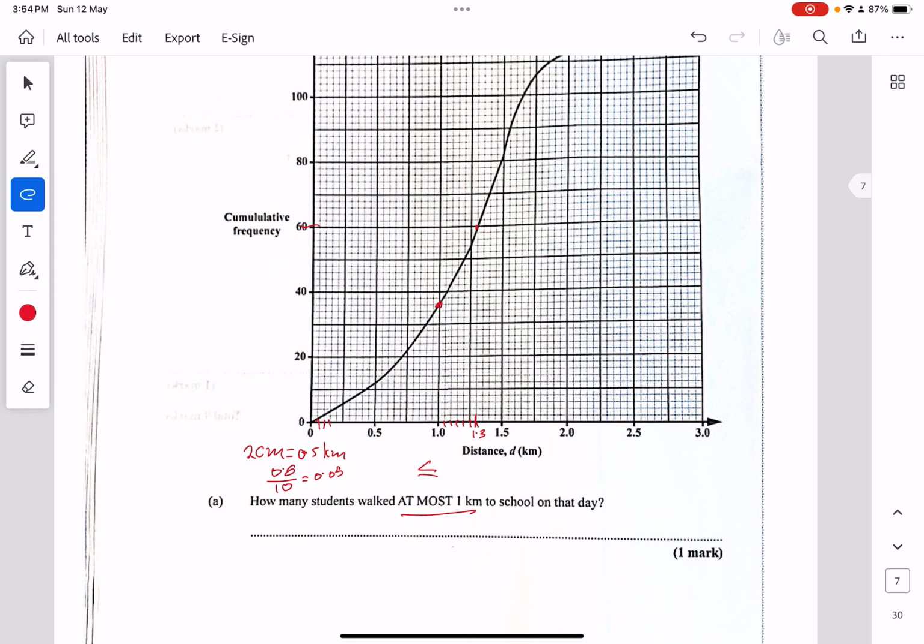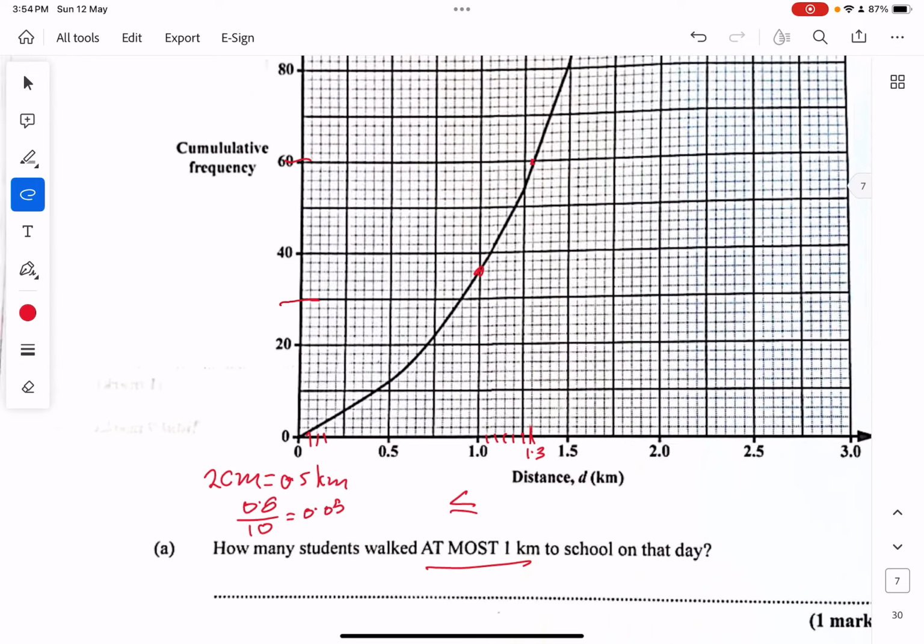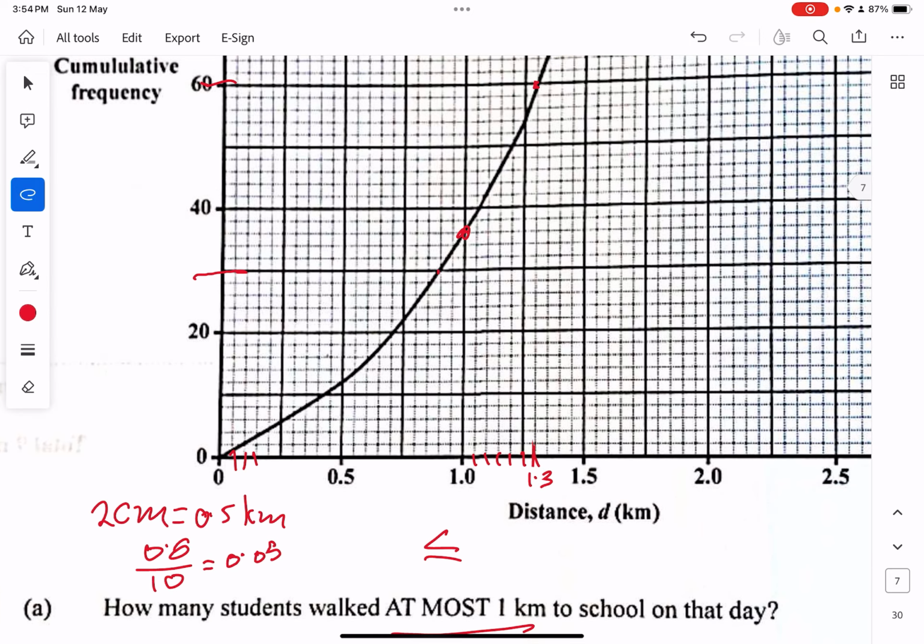So half of 60 is 30, which is going to be here, and then we're going to read off this value here, which would be, so here will be 0.5, 0.55, 0.1, 0.15, 0.2, 0.25, 0.3, 0.35.